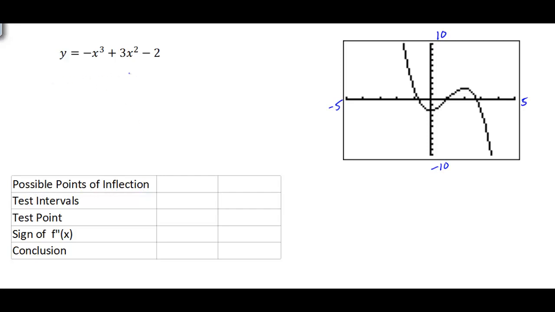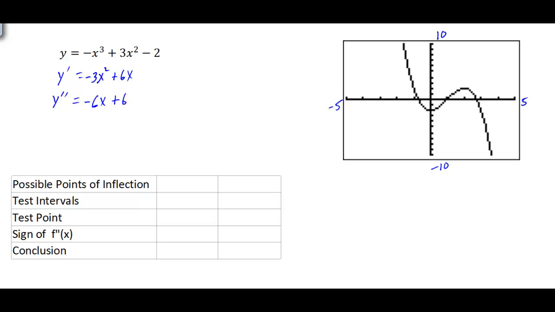So we want to determine the concavity of our graph. So if we take the first derivative, we're going to get negative 3x squared plus 6x. Okay, and then we're going to take our second derivative, which would be negative 6x plus 6.